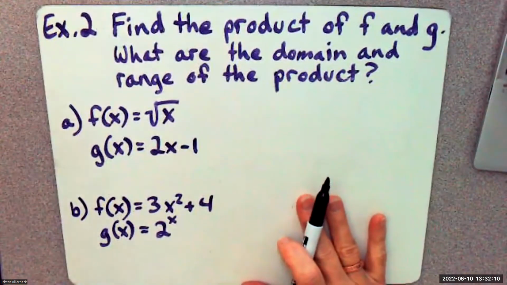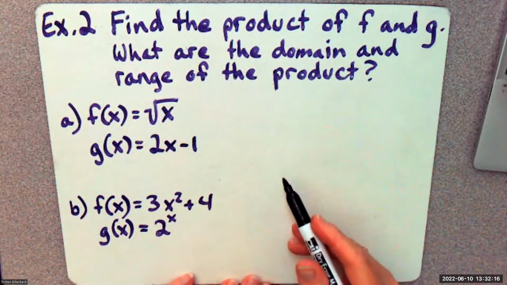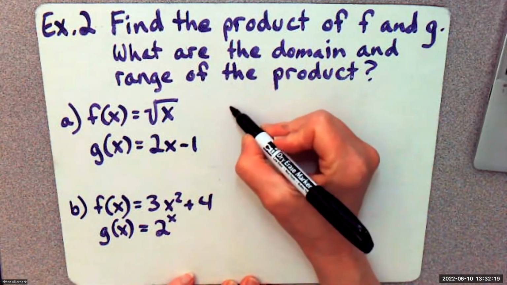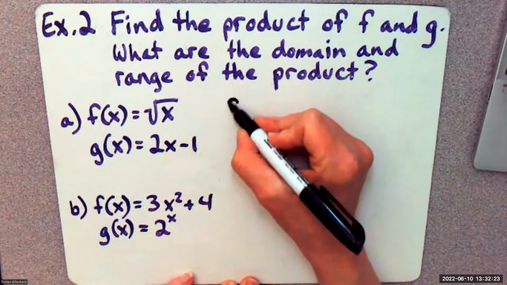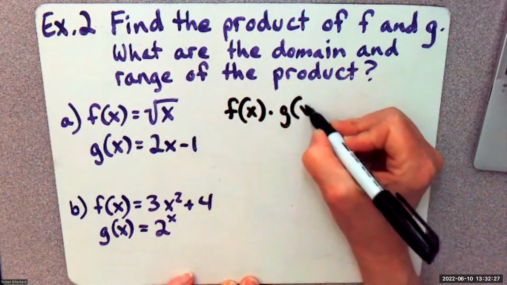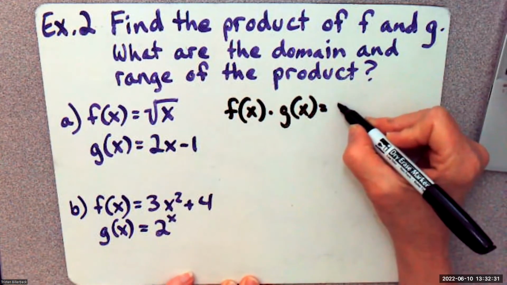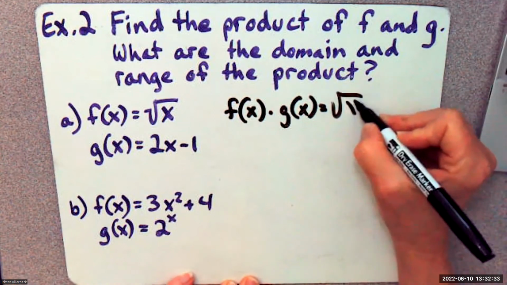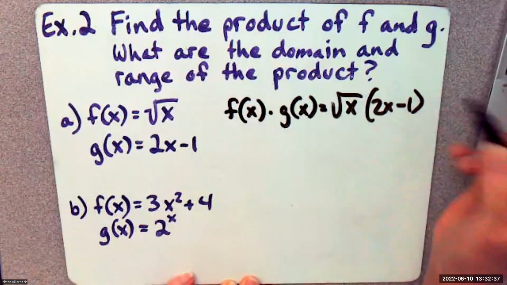So now we want to find the product of f and g, and then we want to look at domains. So we're going to multiply f and g of x. So f of x times g of x is just the square root of x, times 2x minus 1.